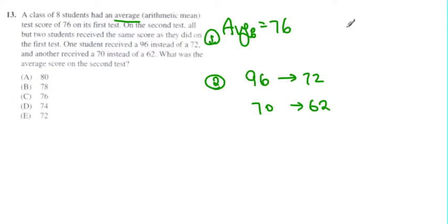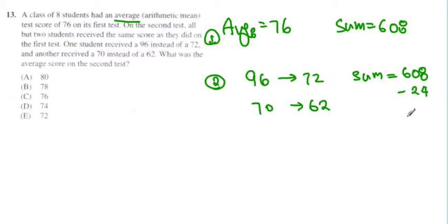So as we mentioned earlier, the sum on the first exam was 608. But when you look into the second exam, what will be our new sum? In fact, we received 96 instead of 72. Then what would happen is from the original sum, we in fact received 24 points more. So we're going to add 24 points. But on the second, we lost 8 points.